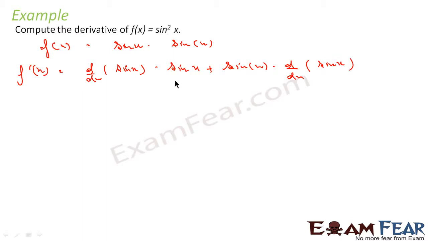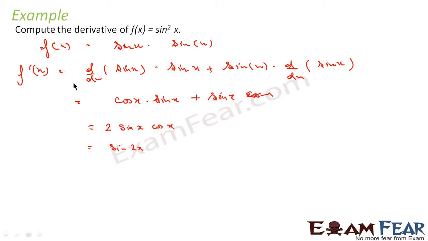Correct? First differentiate the first part, keep the second part constant; keep the first part constant, differentiate the second part. So this becomes cos x into sin x plus sin x into cos x. This becomes 2 sin x cos x, and that is nothing but sine of 2x.